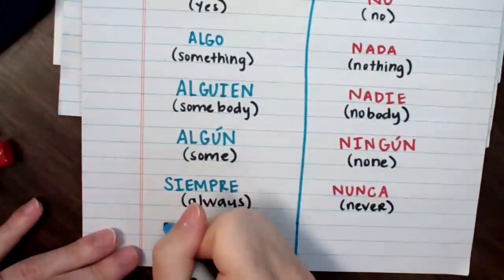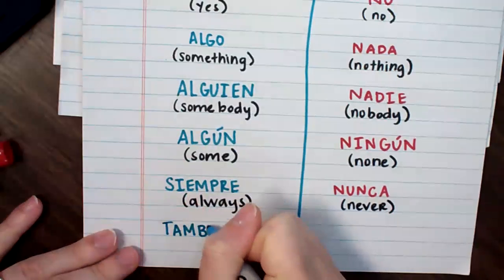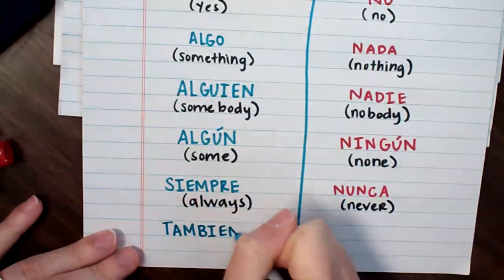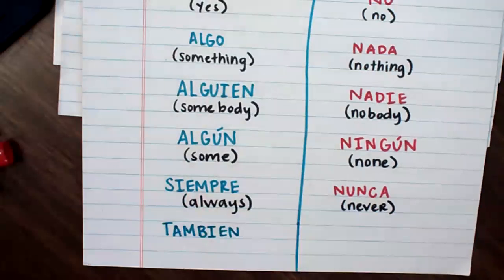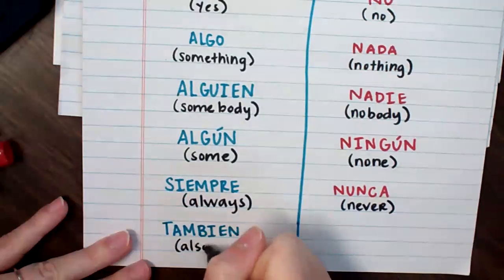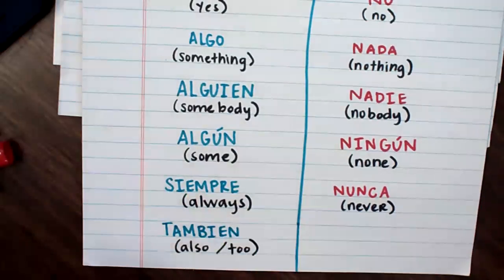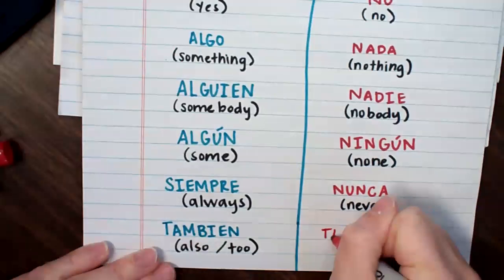Then we have también. So también is like also. Or too. And the opposite of that is tampoco.